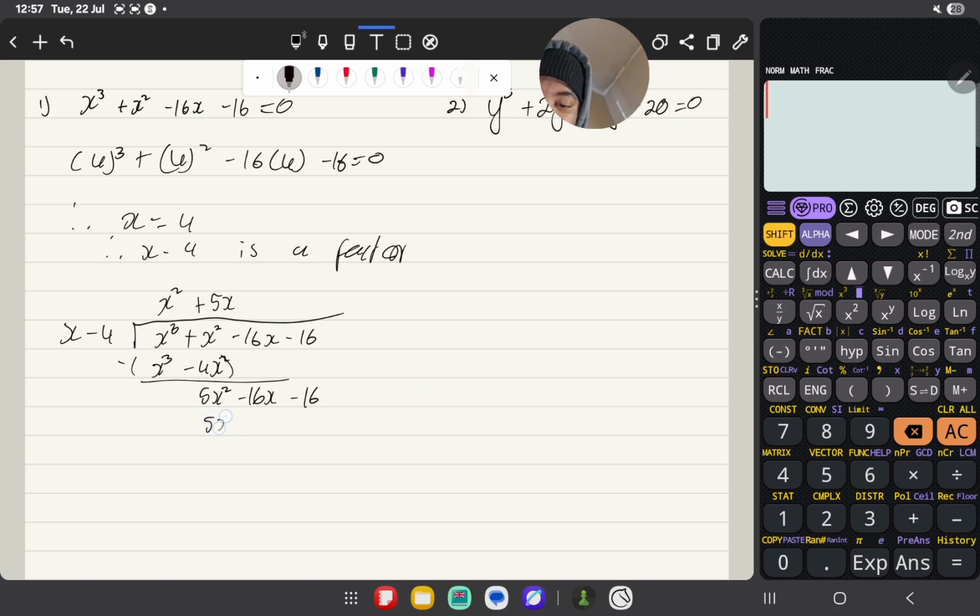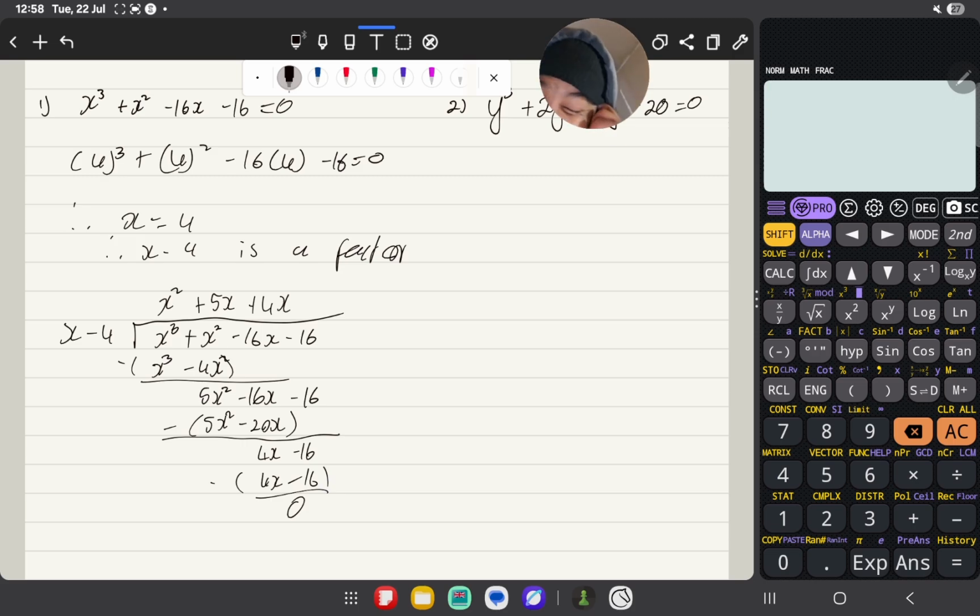So 5x squared minus 20x. I'm subtracting, I have 0, this will be a positive 4x. Bring down 16, you have plus 4x minus 16. This is 0 when you subtract, right?